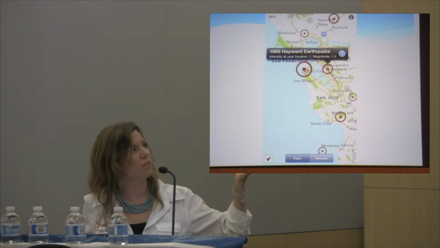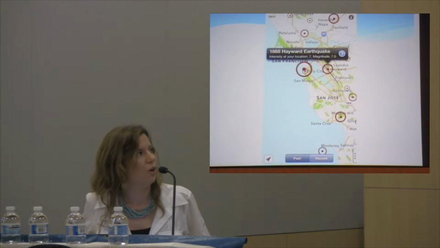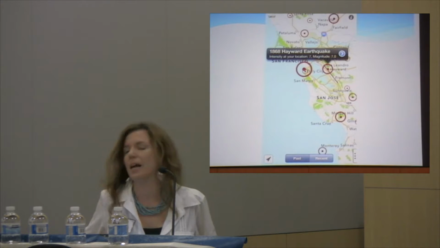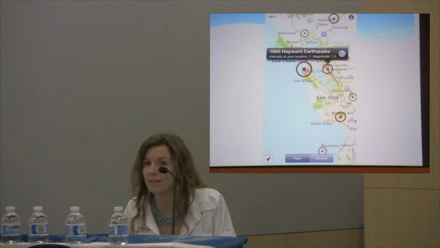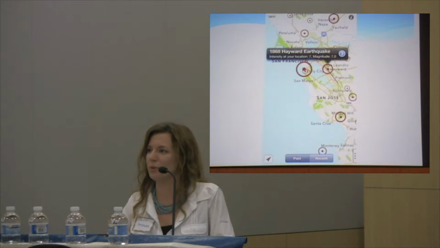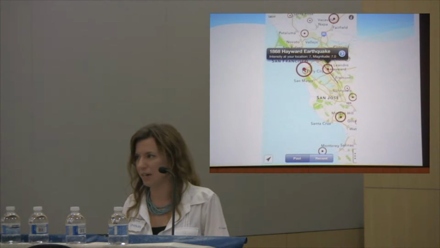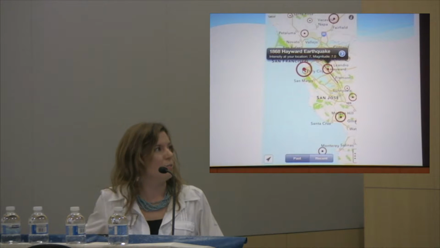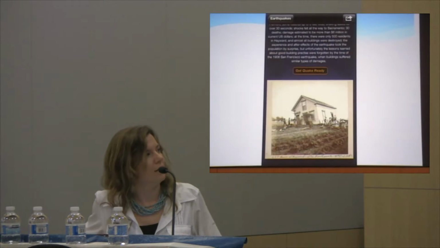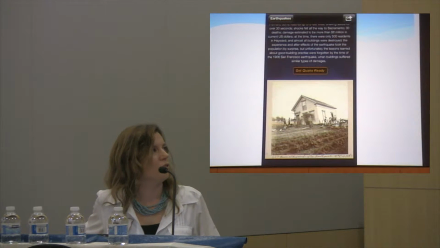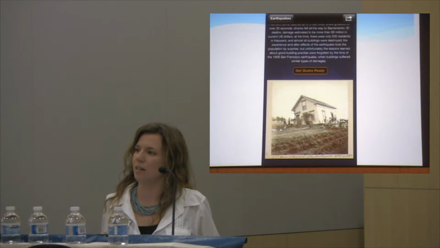So if you click on one of these historic earthquakes, you can see over there we've got the 1868 Hayward earthquake, which incidentally, before the 1906 Great San Francisco earthquake, was called the Great San Francisco earthquake, because Hayward was this sleepy little town, had some people, but mostly we're talking about flour mills and lots of horses and cattle.